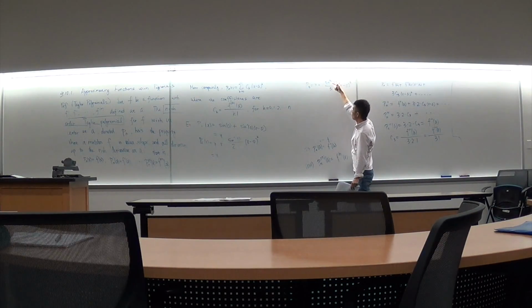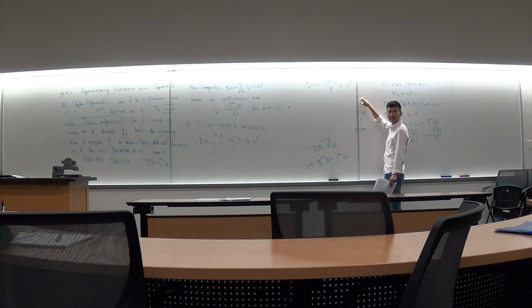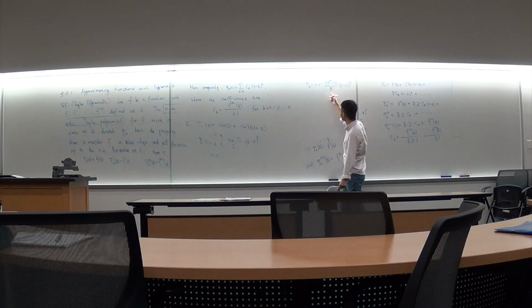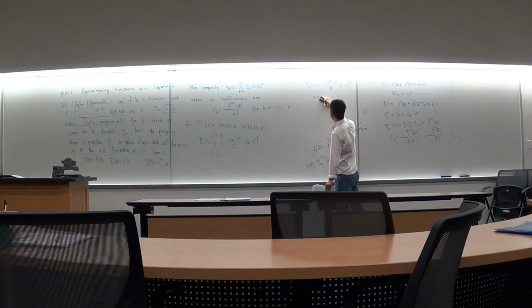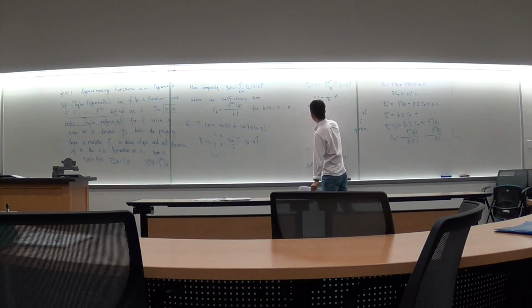So the only thing we need to do is evaluate this: sine, cosine, negative sine, negative cosine. So negative cosine at 0 is negative 1. So that's minus 1 over 3 factorial x cubed. So far so good.